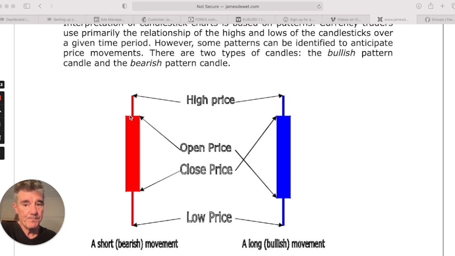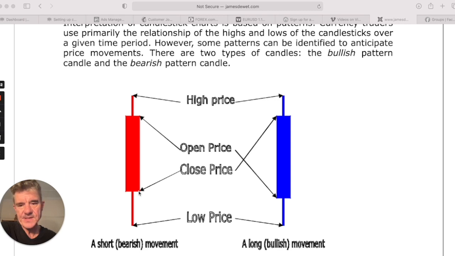And then the top of the body of the candle represents the opening price. In this case, this is a bearish candle. Remember, we did red and green, but red and blue. So the opening price was there at the top and the closing price at the bottom of the candle.